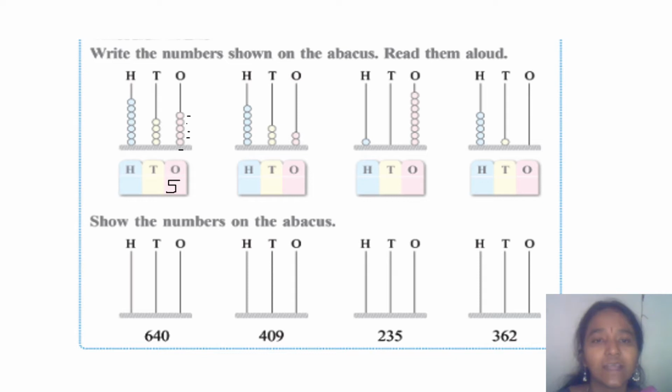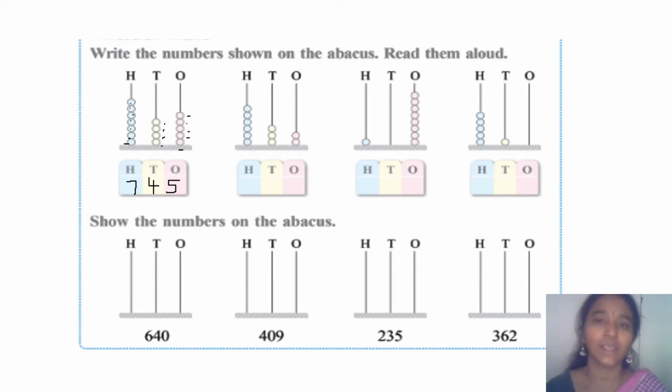Okay, under tens, how many? 1, 2, 3 and 4 beads. So under tens, I am writing 4. Under hundreds, how many beads? 1, 2, 3, 4, 5, 6 and 7. So I am writing 7 over here. How will you read this number?